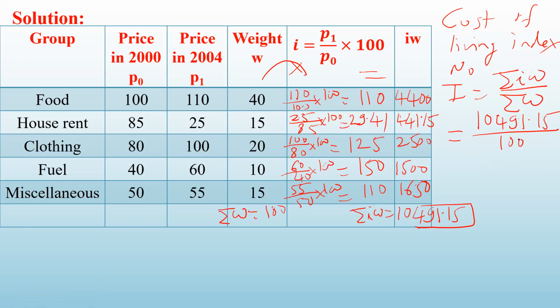So that gives you 104.91. The cost of living index number is 104.91. Now remember one thing here, we have calculated the cost of living index number for the year 2004 as compared to the base year 2000. And that we got as 104.91.